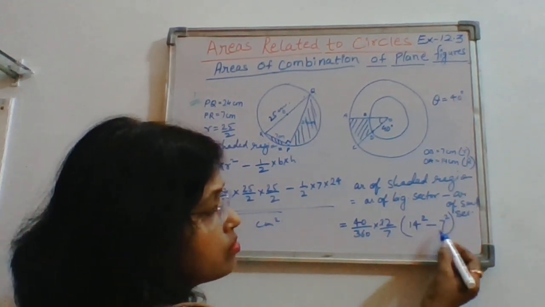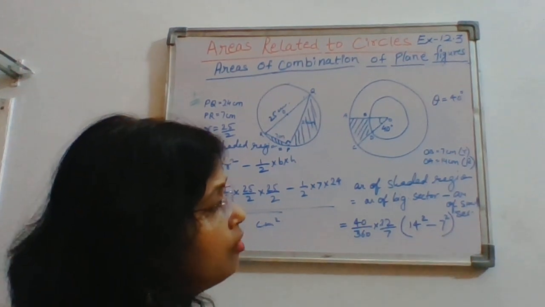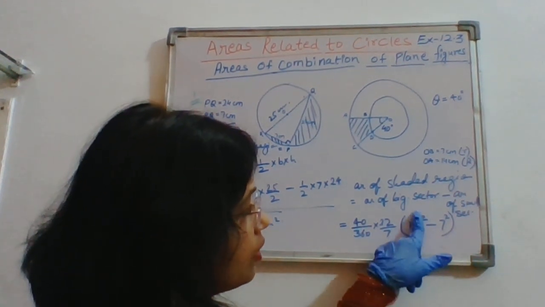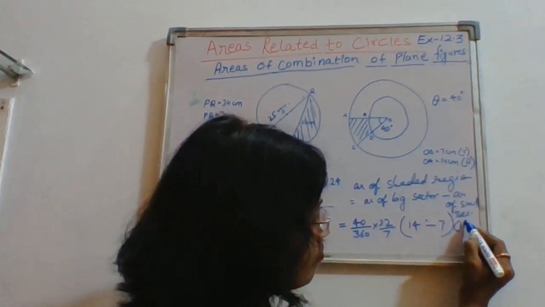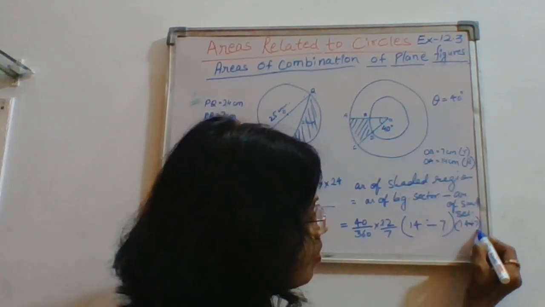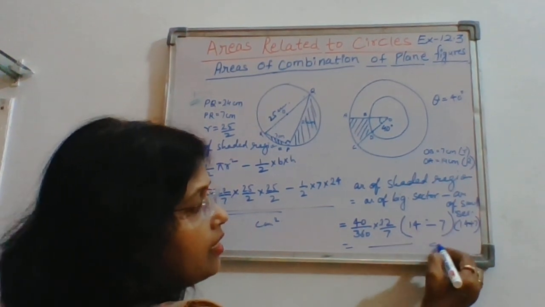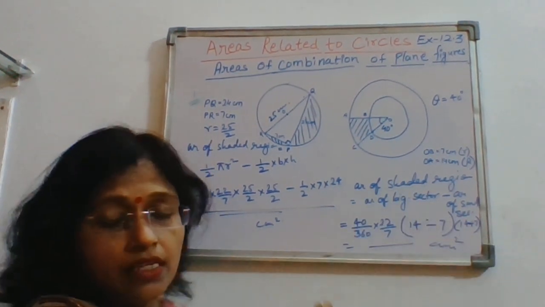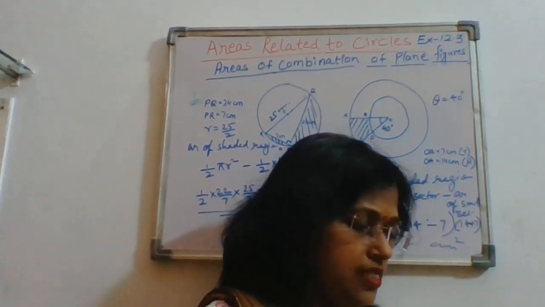Now here we can use the identity a square minus b square, so it will be 14 minus 7 into 14 plus 7. Now you can easily calculate this. This will be the area of the shaded region, right? Area of the bigger sector minus area of the smaller sector.